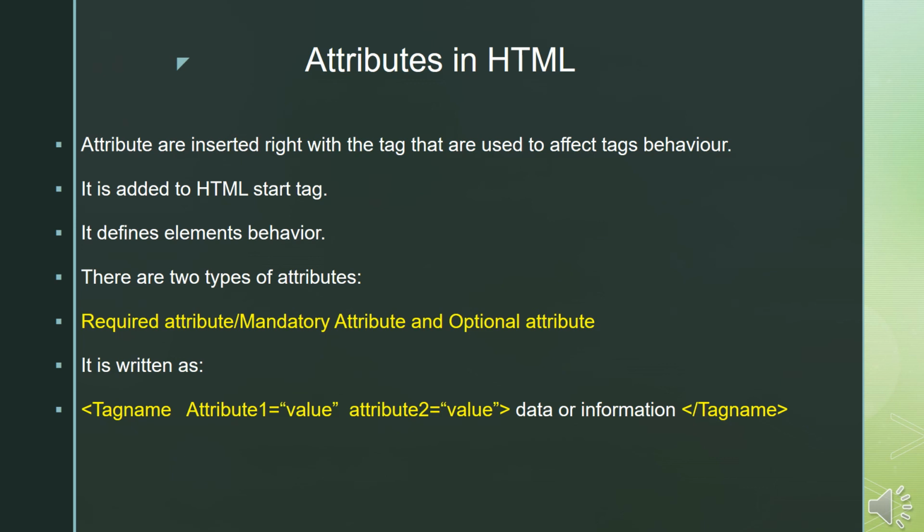Similarly, if there is more than one attribute, you can provide a space in between and start on with the next attribute. So attribute 2 equal to value, again the value has to be enclosed in quotes. Then you will close the angular bracket. You will provide the data or information on which you want to put the tag effect, and then you will have an end tag accompanied along with it.